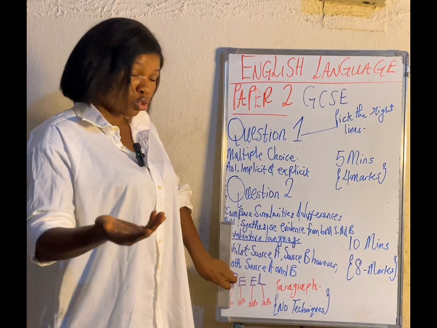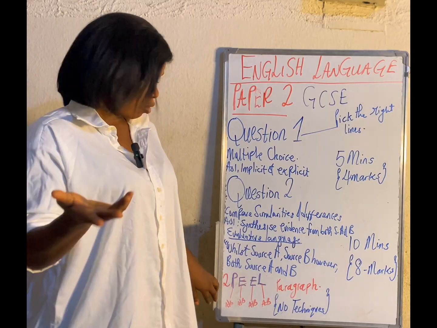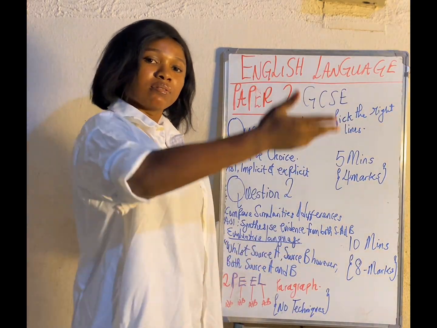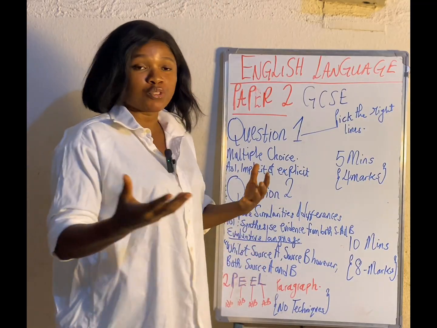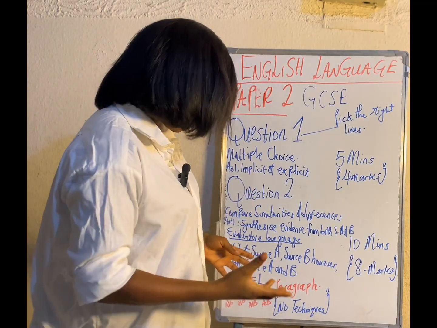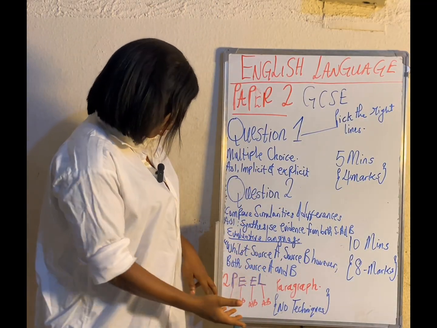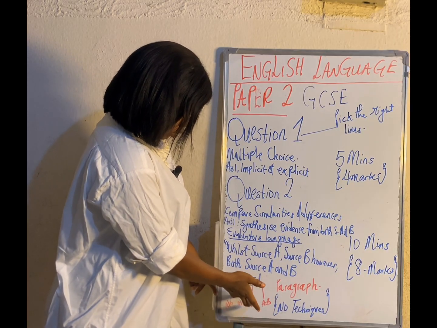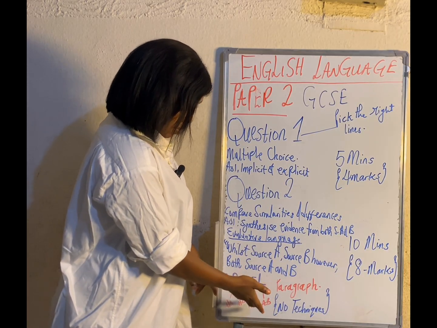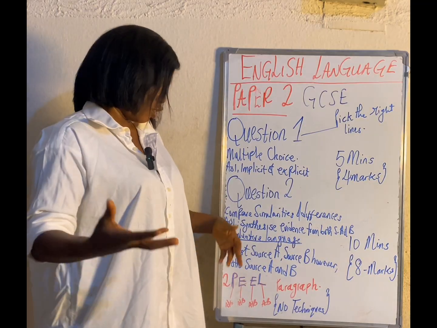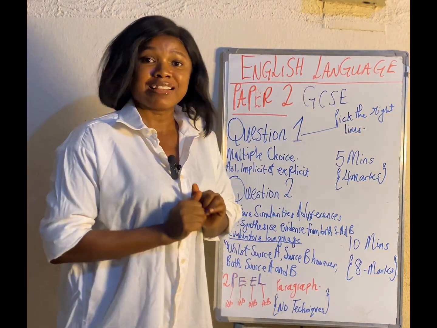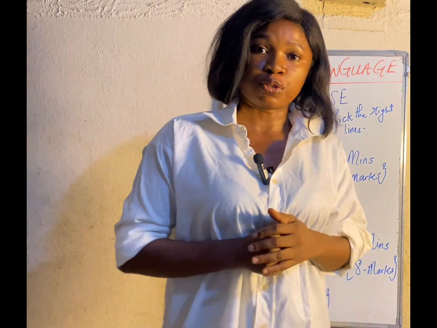And if you want to talk about their similarities, you could say both source A and source B, and so on. So that's how you integrate them. Two paragraphs, you are putting your source A and source B points, explanation, evidence, and link together. No techniques. And then you are done with your question 2.